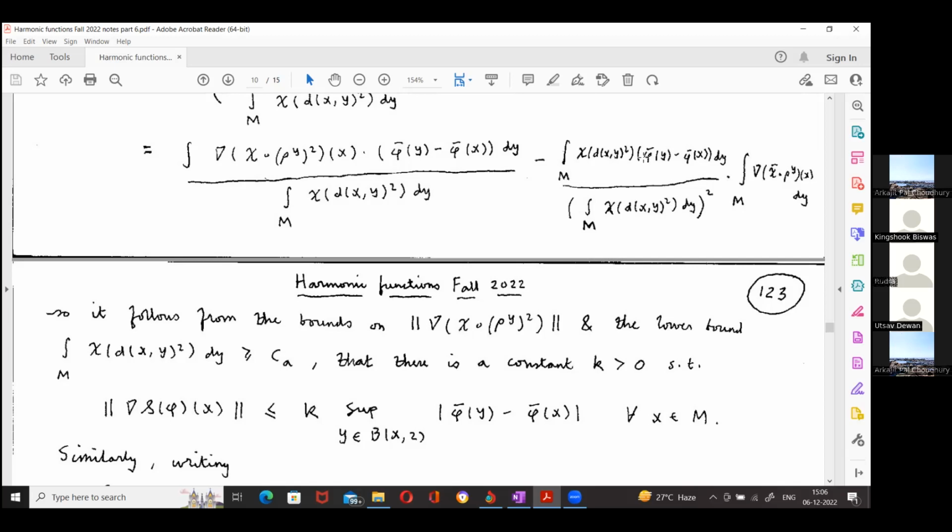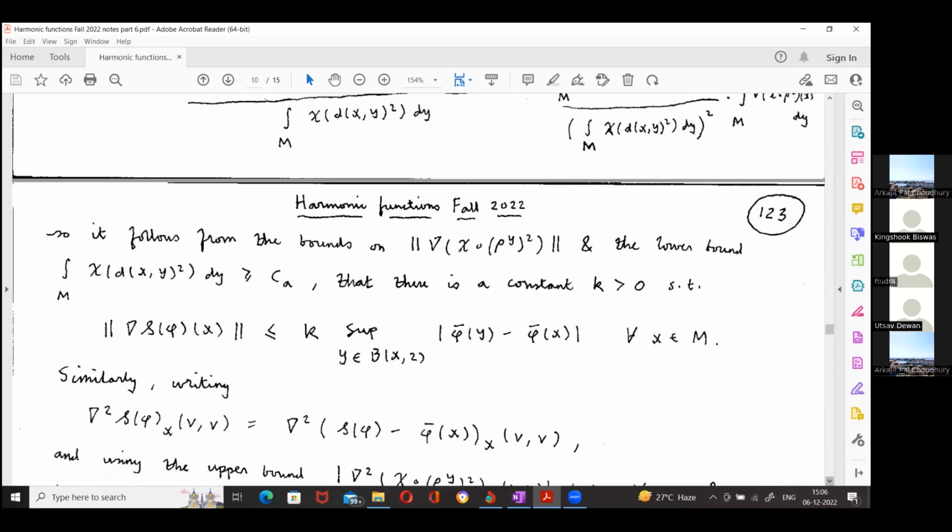So in all these bounds, I'll just get a constant times the sup of phi bar y minus phi bar x. The rest will give me some constant. Okay. Is this clear? Yes.